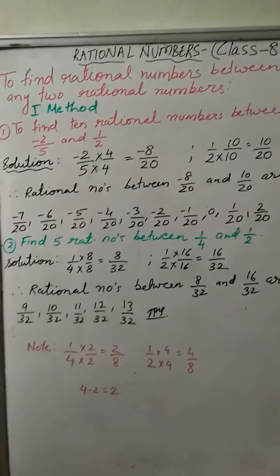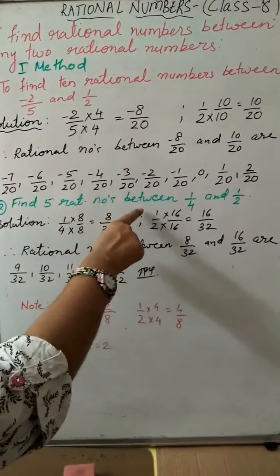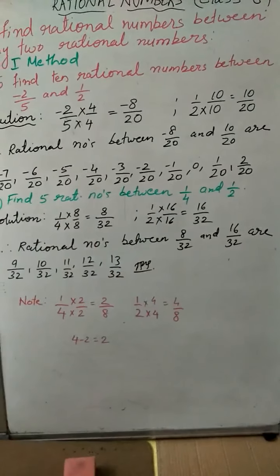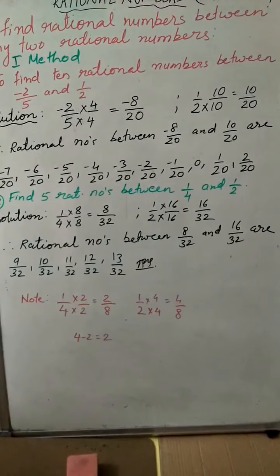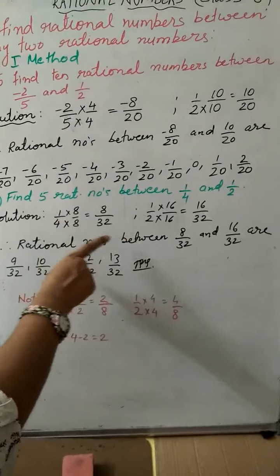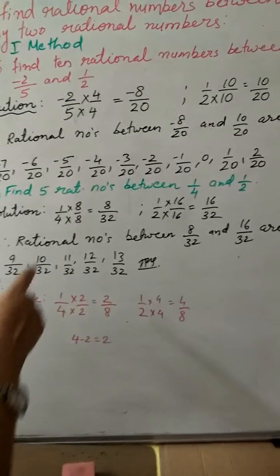Now our next question is to find 5 rational numbers between 1/4 and 1/2. I am doing it with the same process, that is we have to make denominators equal, or make like fractions with the same denominator.